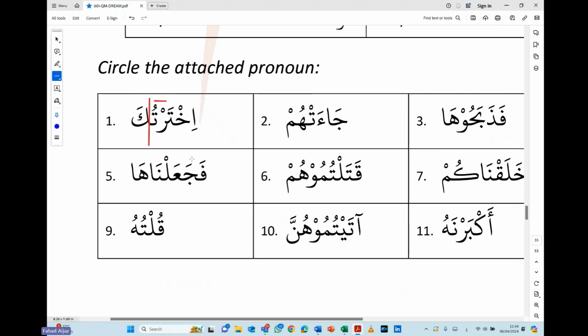So I can produce this entire thing. I know this is a fi'l and there's an ana inside it, and this ka I know is an attached form of anta. That's what you have to do in this exercise.